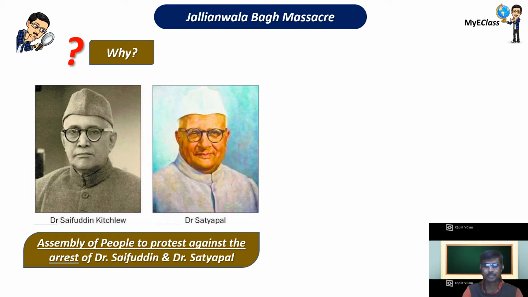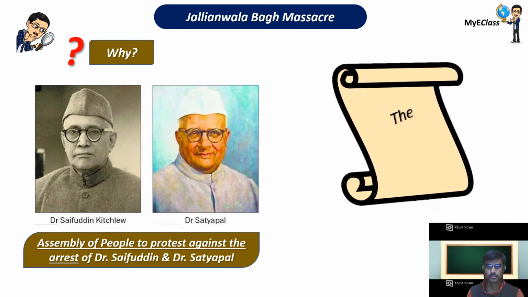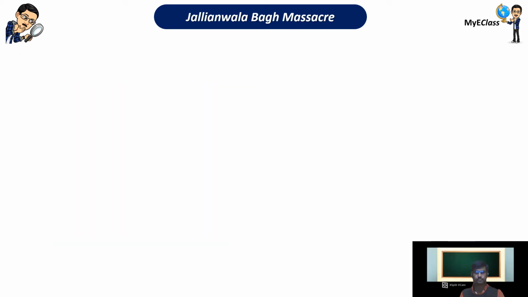Why did the British arrest Dr. Saifuddin and Dr. Satyappa? Now, let's see the reason behind their arrest. And the reason was the Rowlat Act, which was passed by the British. Now let's learn, what was this Rowlat Act.